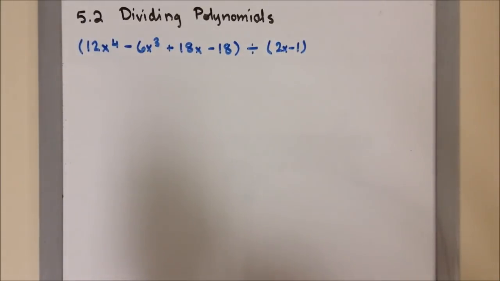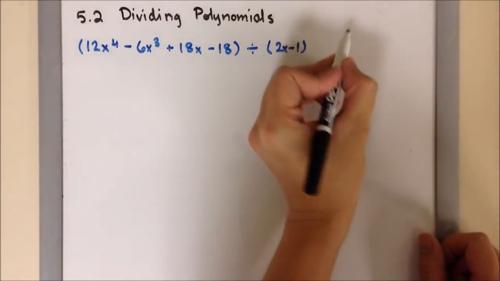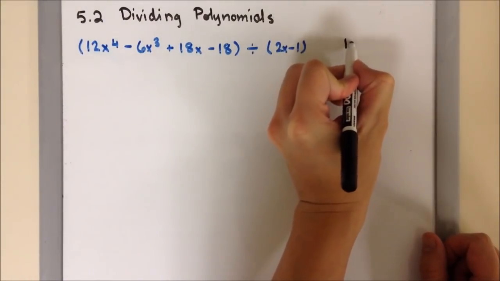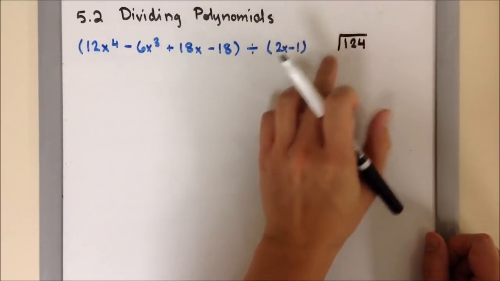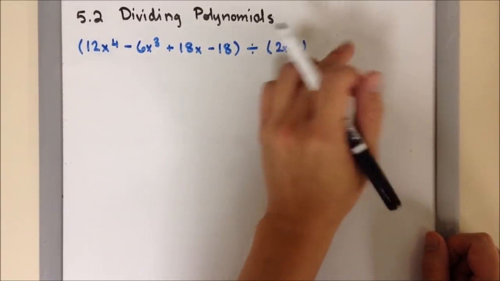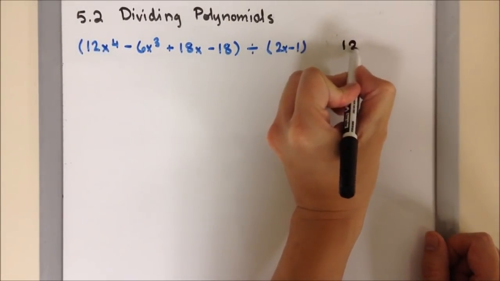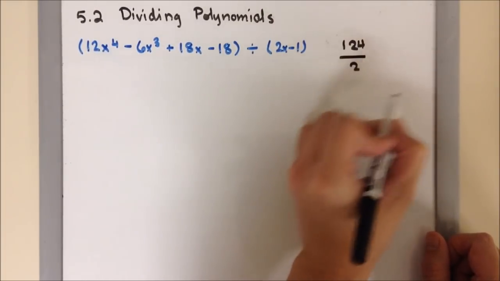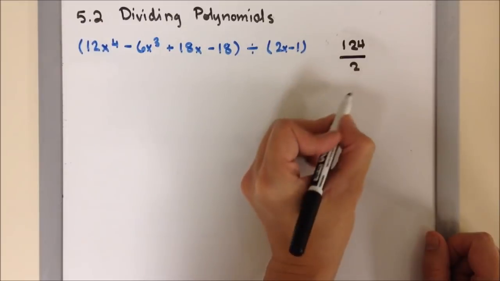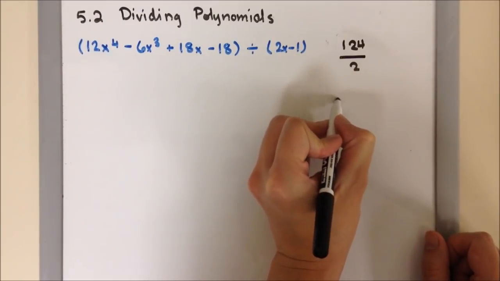So say that you have an example of, say, 124 divided by 2. Let me put that in terms of long division, just as how y'all did it in middle school.